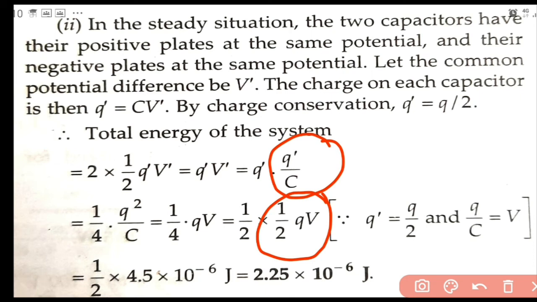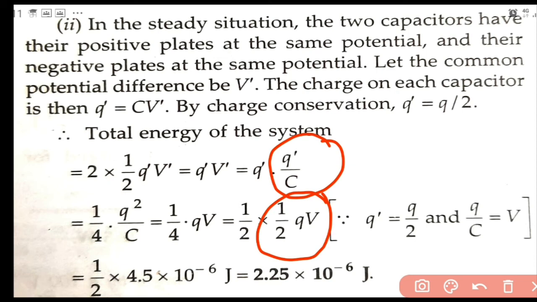An easier way I will tell you, just try. You can use the equation half CV square itself. Before, when disconnecting from the battery, we already found the energy. Here when you use that equation, that C should be the effective capacitance of both, that means the parallel combination.